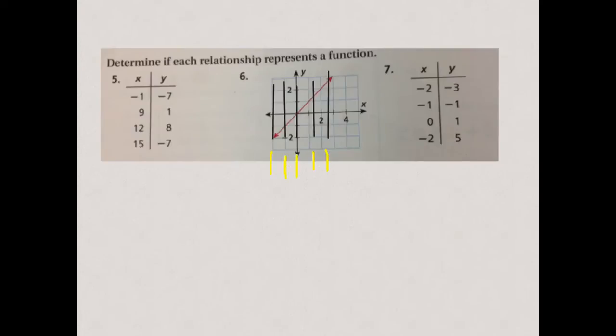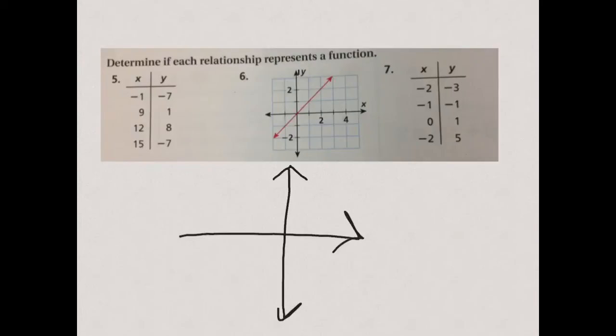So, did this line right here intersect this line going across more than once? No. If I put a line here, does that intersect more than once? No, it intersects one time. So basically, if it's a straight line like that, guess what? Yes, it's a function. But there's other shapes or other lines that I graph that can also be functions.